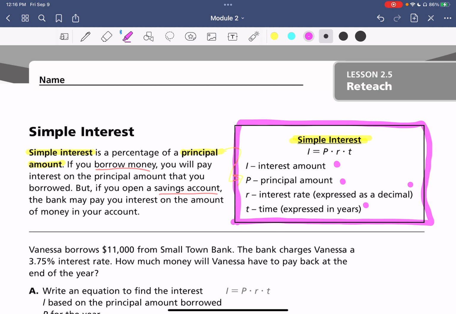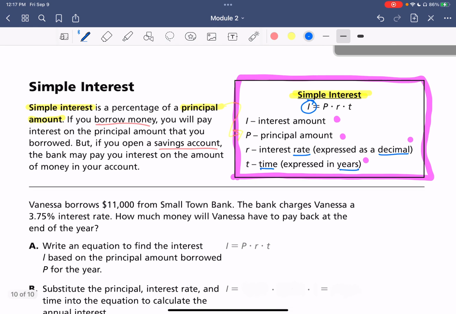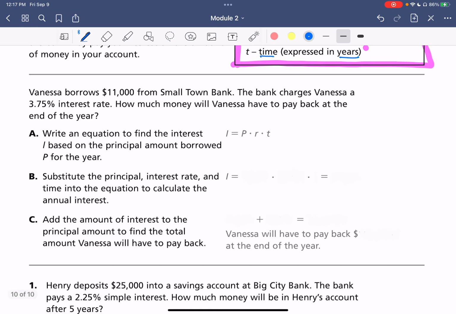Another important thing to see on here is that your interest rate is expressed as a decimal, and then your time is expressed in years. And this I, the interest amount, that's what we're trying to find. So the interest amount, whether that's going to be added on to an amount that you bought a car with, let's say, or if it's something that you put into a savings account and you get some money.